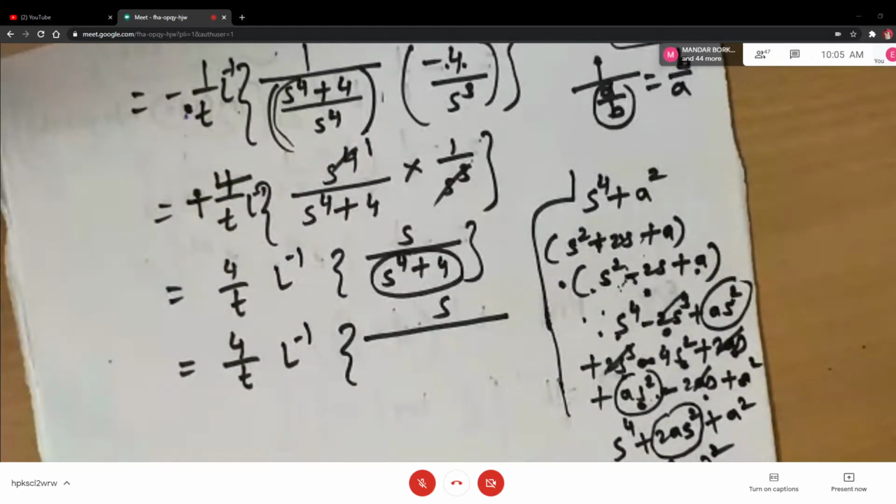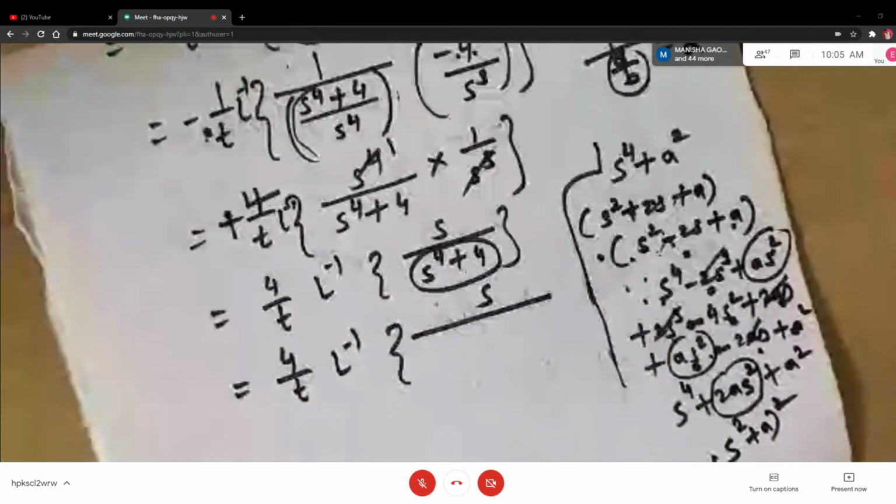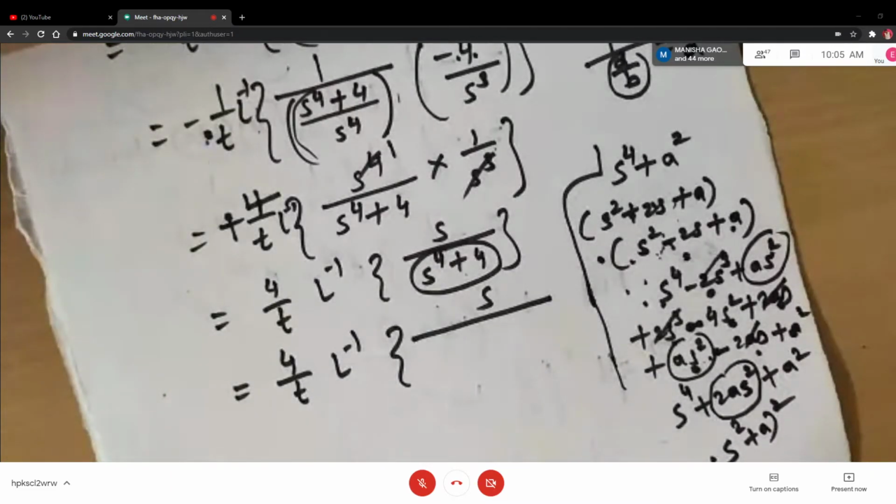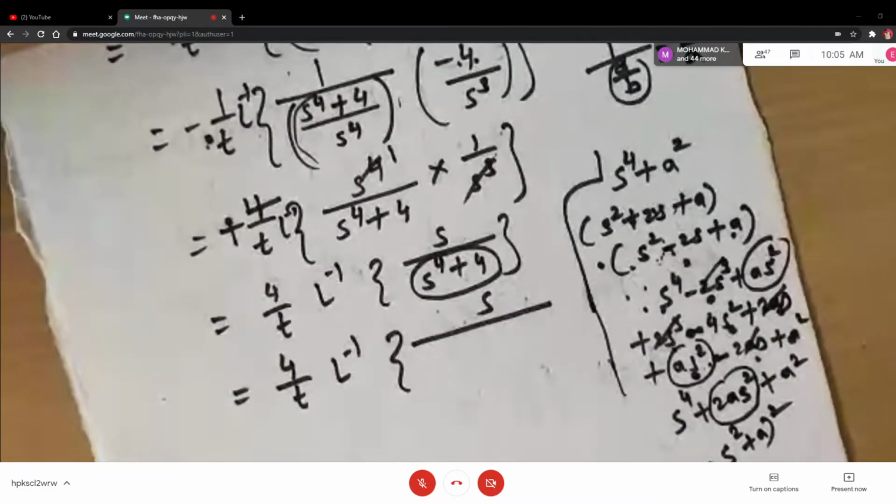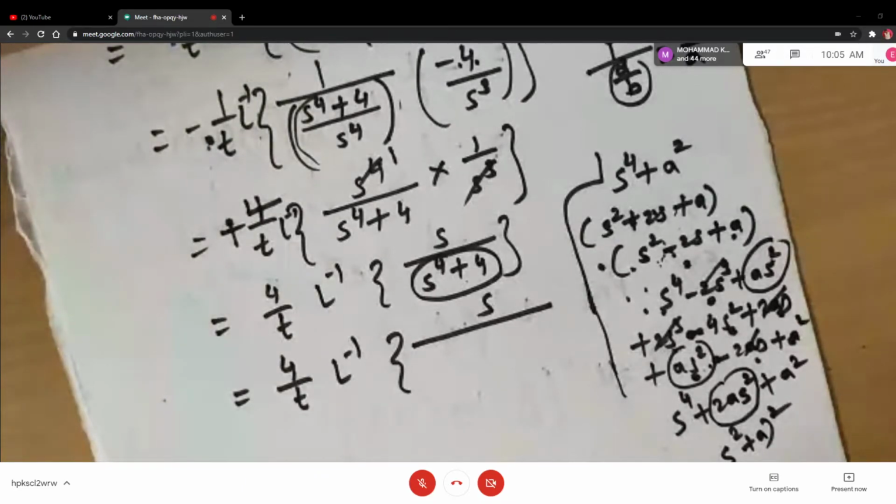The problem is the plus sign here. If it was minus, then we would have got it easily. a square minus b square is a plus b into a minus b, right? We will get the factors directly, but there will be imaginary terms in this.